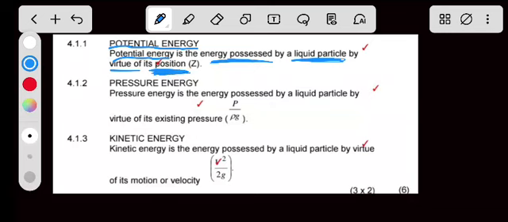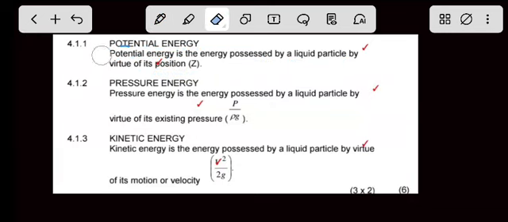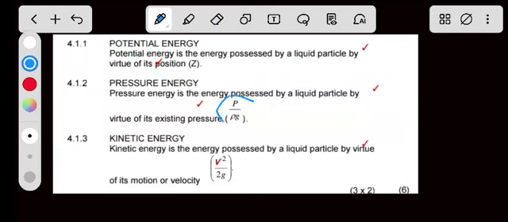It's potential, not the pressure. Remember, the one with a P is pressure, which is for the static. So what is the potential energy? It is the energy possessed by a liquid particle by virtue of its position.